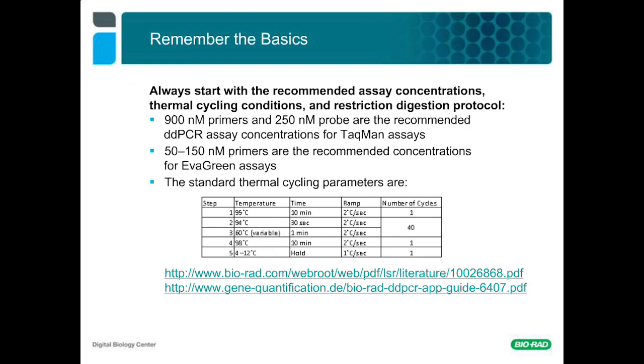If it is desirable to forego the digestion step, please do a concentration gradient with and without digestion to ensure that your quantitation is comparable before skipping this step. Likewise, for making changes to other recommendations. Here is a link to the product insert for the Droplet Digital PCR Supermix, as well as a link to the applications guide for more details.